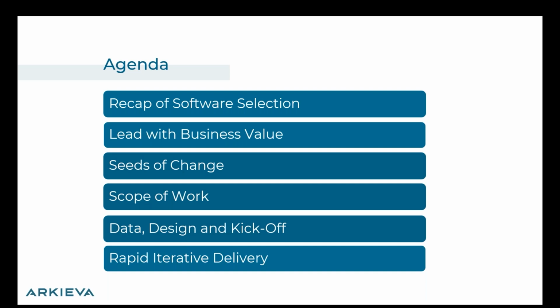And then we'll get into a little brass tacks about scope of work, data design, design workshop, kickoff meeting. We'll talk about our favorite methodology of delivering these projects, the rapid iterative delivery, and then we'll conclude from there. Let's jump right in.